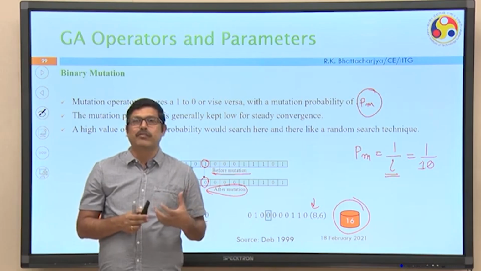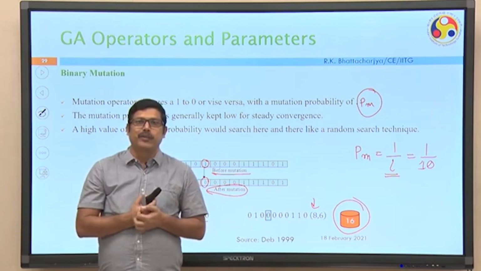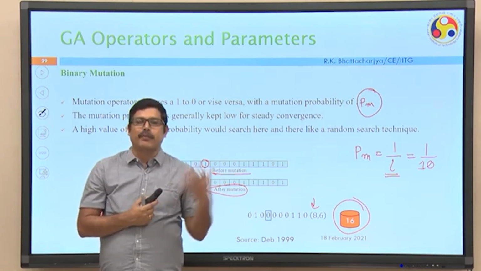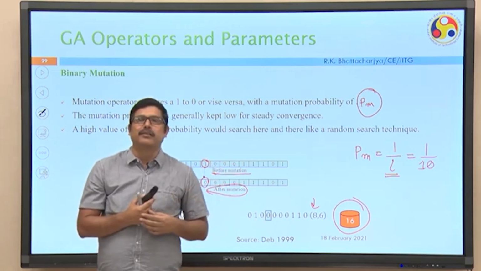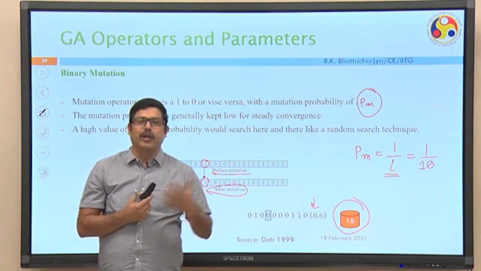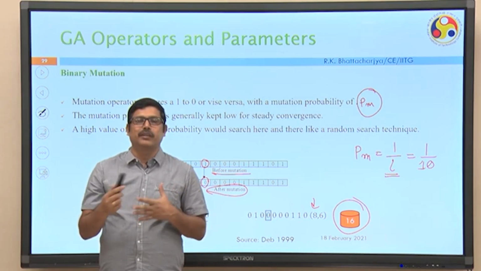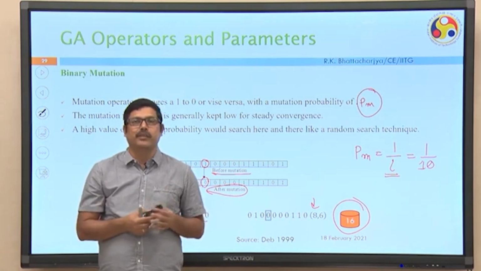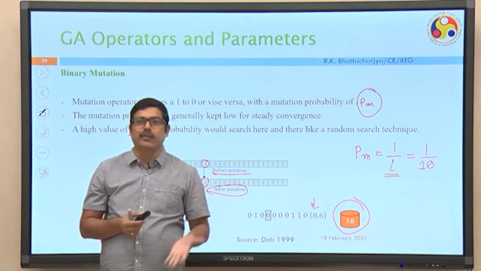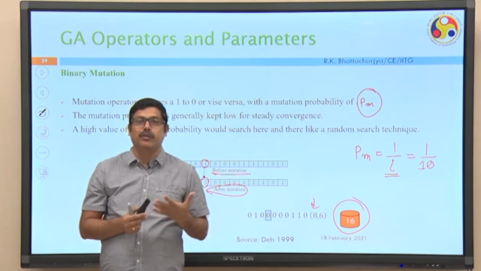So, I am not using a very high probability of mutation. Generally, as I said, it is 1 by L that we use, but you can also use a very small one, but the crossover probability should be very large, 60% to 95% or something like that. Even you can use 100% crossover probability also.